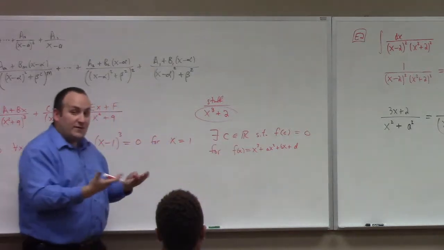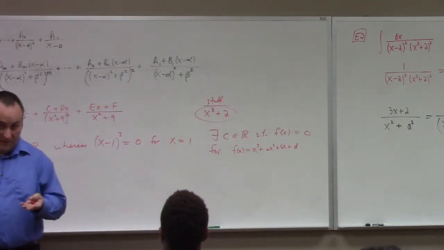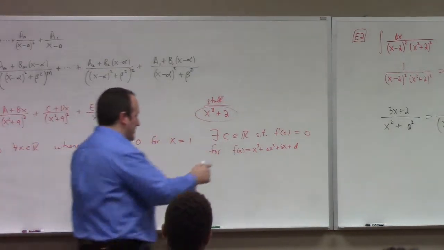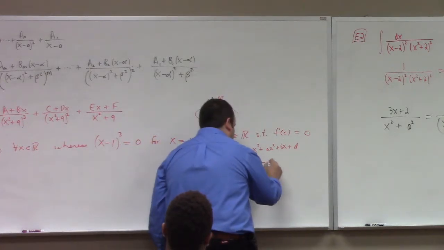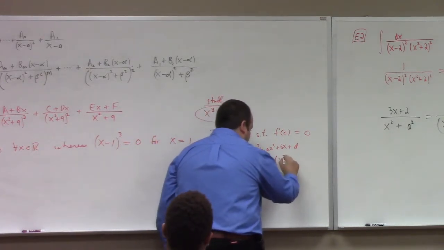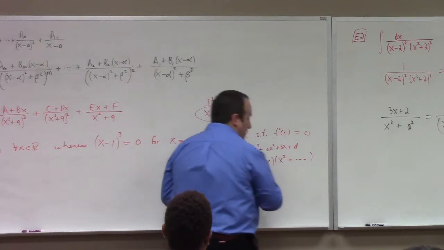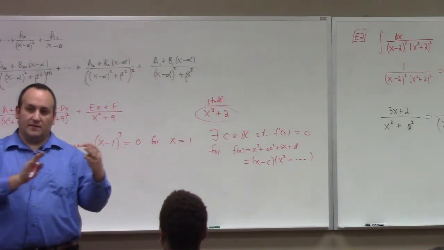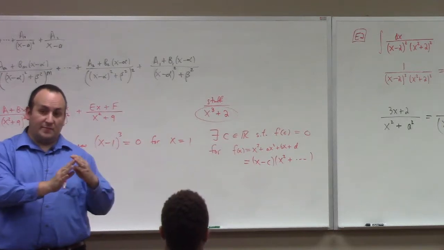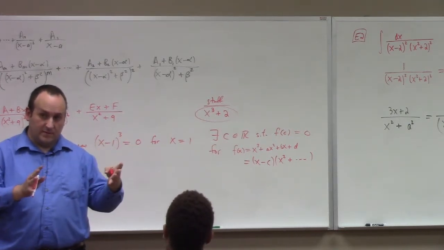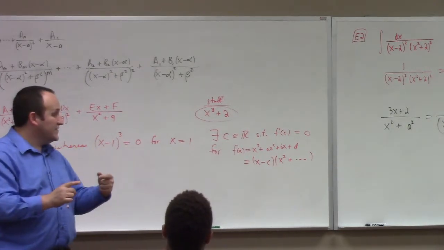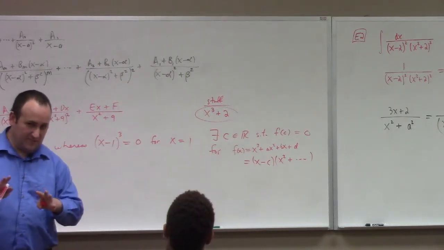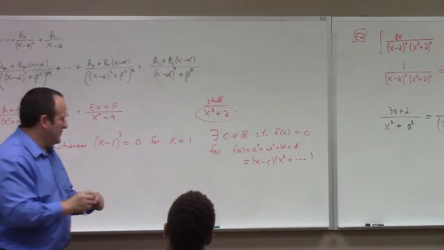There is always a zero to a cubic. So the factor theorem says that you can factor that out, and then there's going to be an x squared. So any cubic will always be factored into a quadratic times a linear term, and the quadratic may or may not split. Now, x cubed plus 2 is relatively benign.